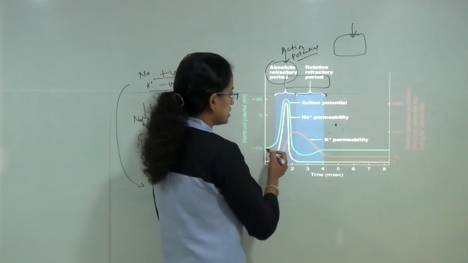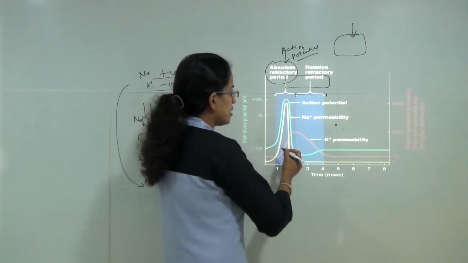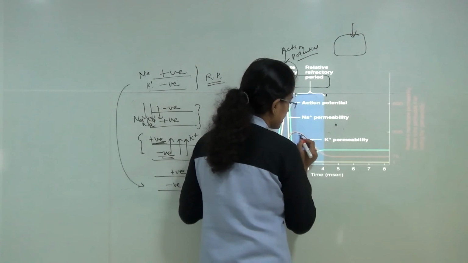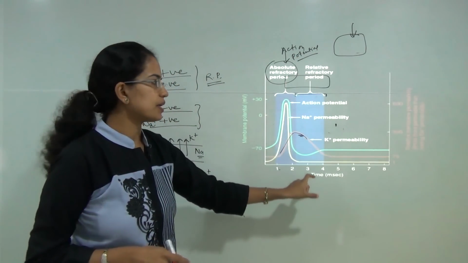As you can see, the curve for the sodium permeability and the potassium permeability, the curve for the potassium permeability is much steeper in case of the relative refractory period.